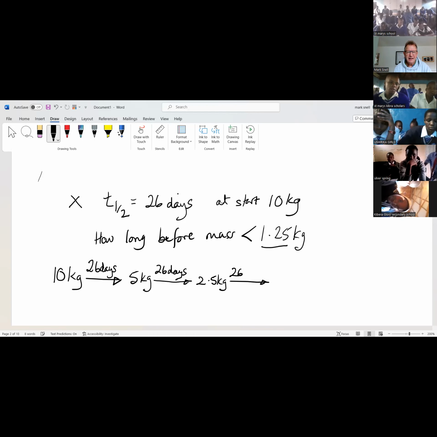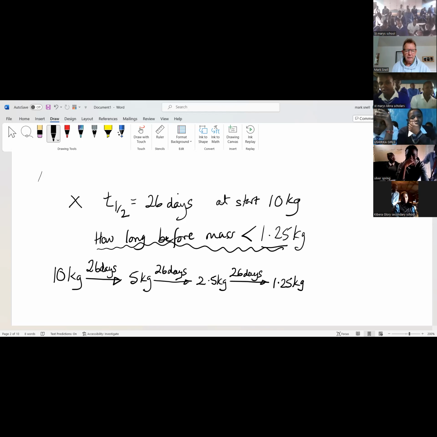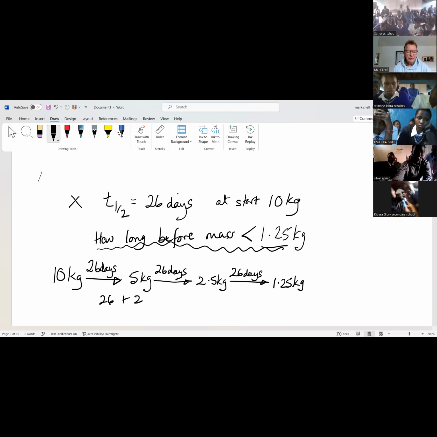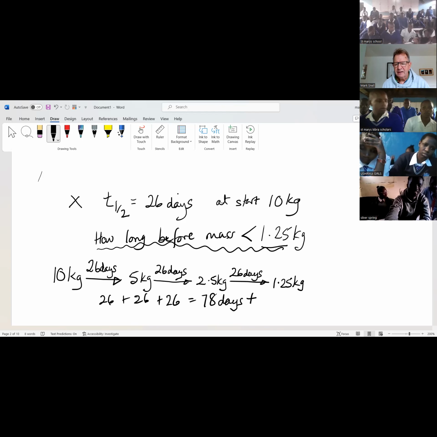Another 26 days, and it will go to 1.25 kilograms. So if it asks how long before the mass gets to less than 1.25 kilograms, then it is 26 and 26 and 26, which is 78 days, and it's more than 78 days. It's going to be just over 78 days.